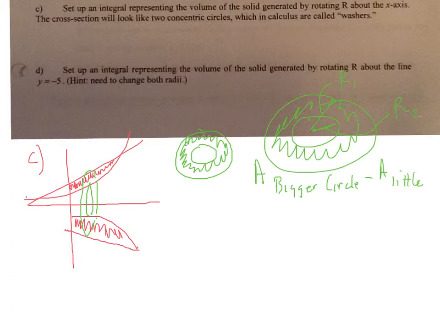So the area of the bigger one is just pi times the bigger radius squared minus pi times the little radius squared. So how does that apply to the area that I have rotated, and then trying to find the volume of what this figure would look like?